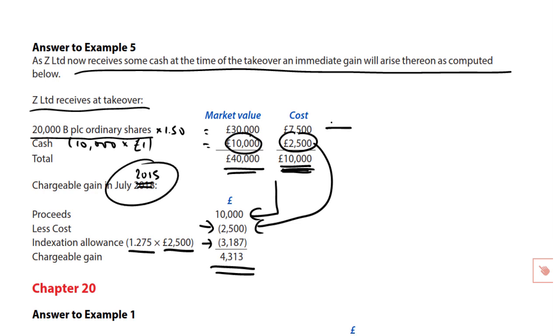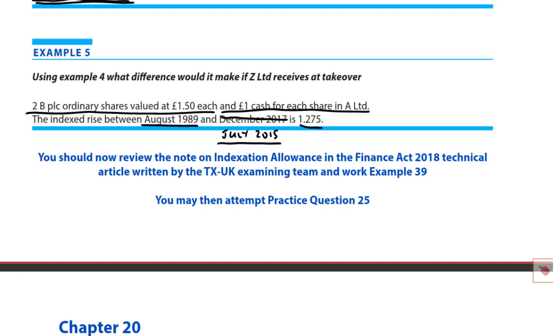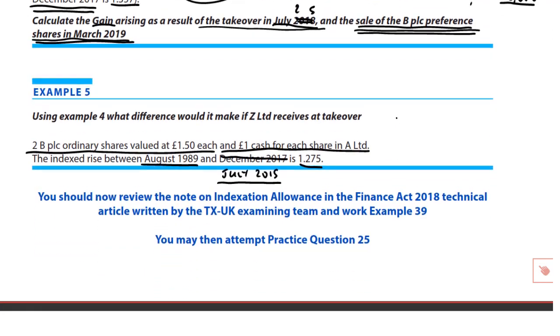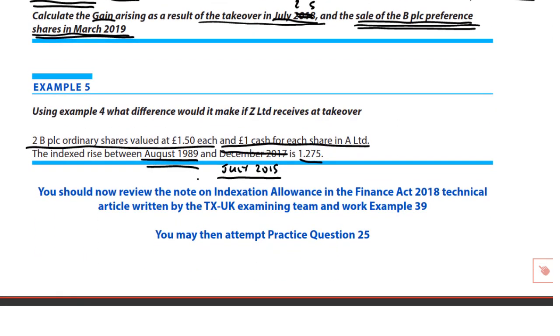Going forward, what do we now own? We own 20,000 BPLC ordinary shares that are deemed to have a cost of £7,500. A cost incurred back in August, was it 89? Yes, there we go, August 89.